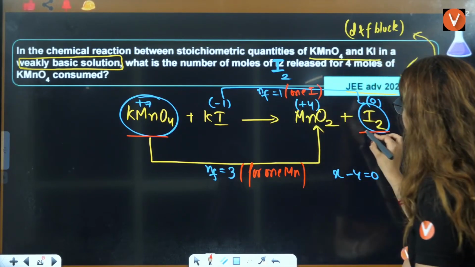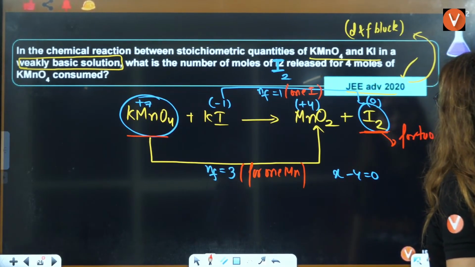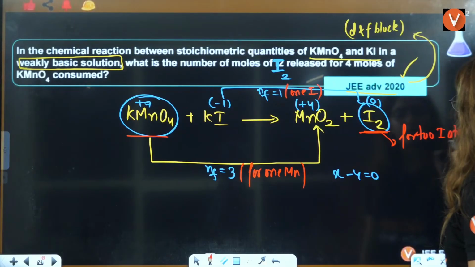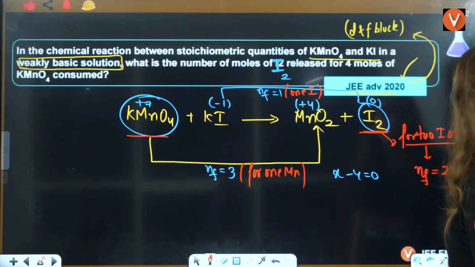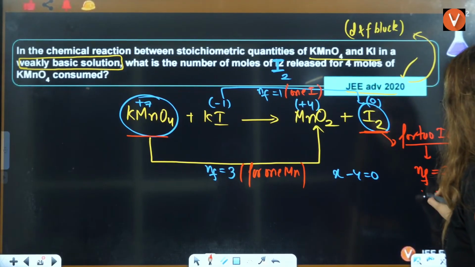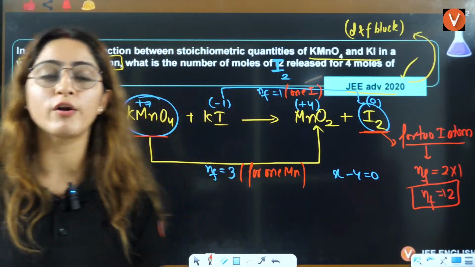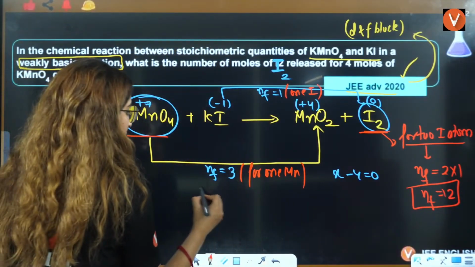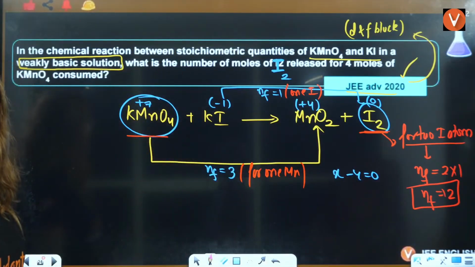But here you have 2 iodine atoms. For 2 iodine atoms, we have N factor equal to 2 into 1, that is 2. So, N factor for iodine will be 2 and N factor for manganese will be 3. Okay, this is what you have. Clear?